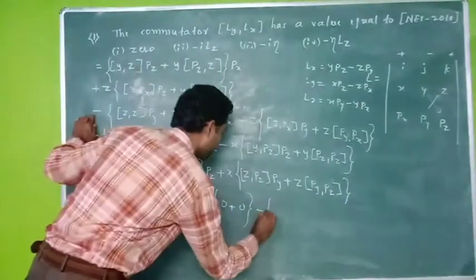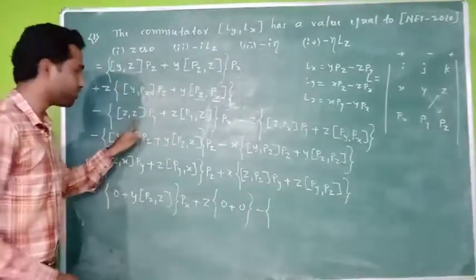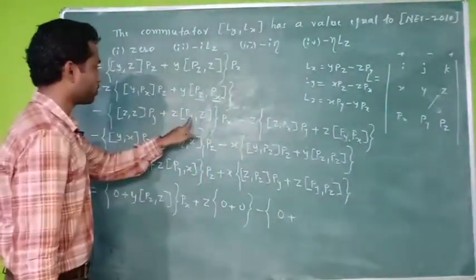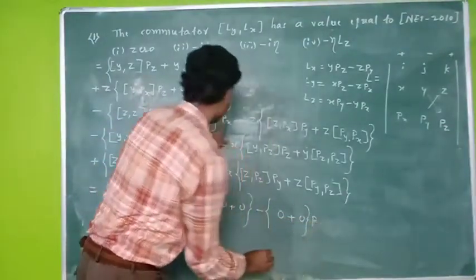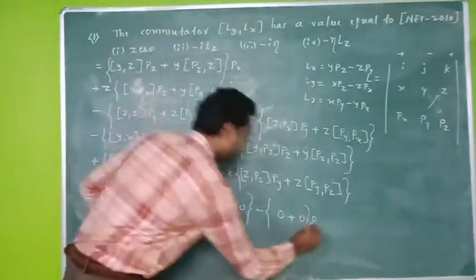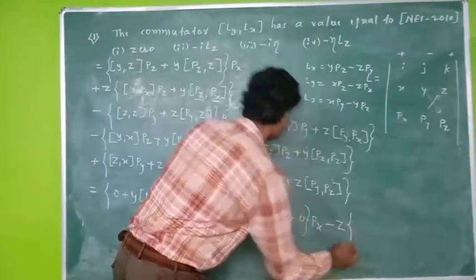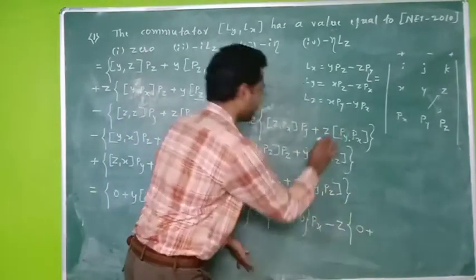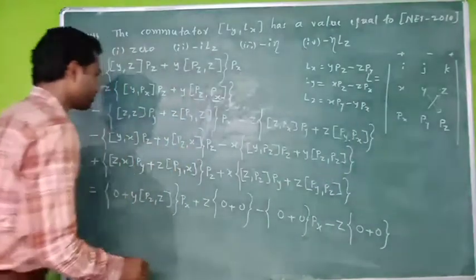minus z and z, every operator commutes with itself. Therefore this becomes 0 plus, so again this becomes 0, pz px, right? Px minus z, so again 0 plus this one 0, right?